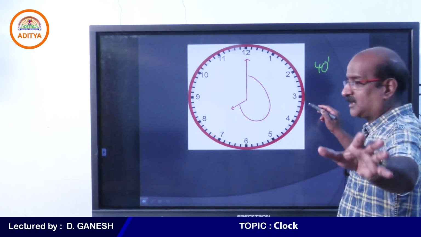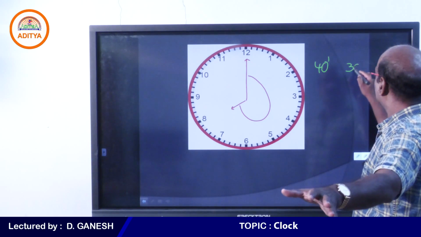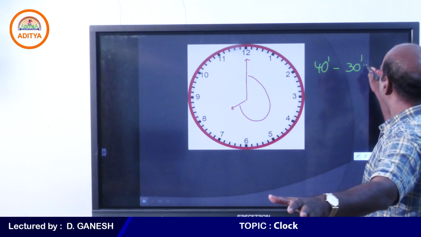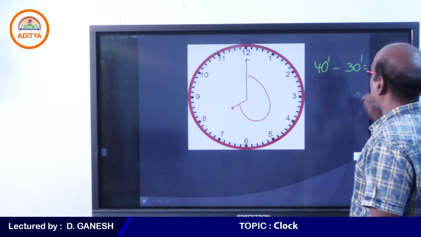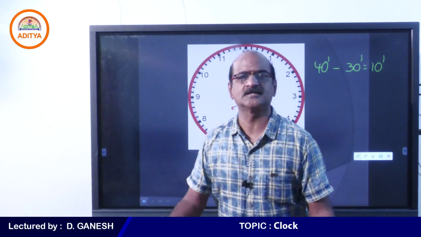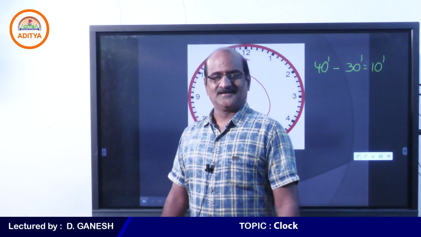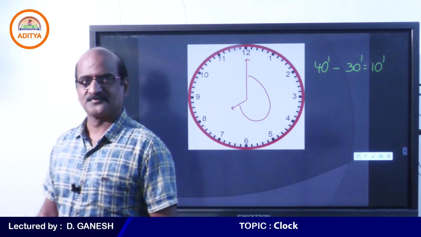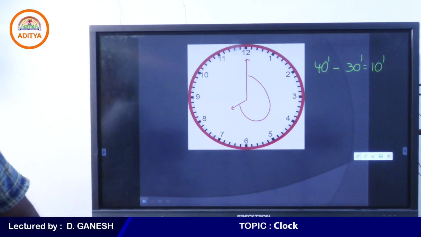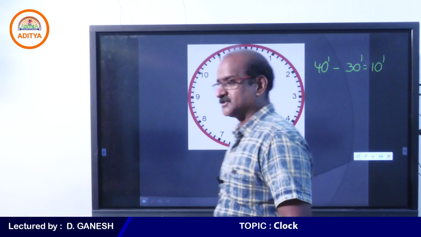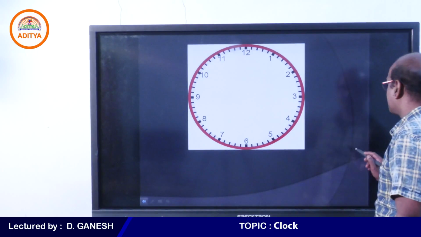But to be opposite, we require 30 divisions, which means the minute hand has to move 10 divisions to be opposite. You understand that? But for 10 divisions, it takes more than 10 minutes. Very good point. Now we can move on to the question, because you are so good.